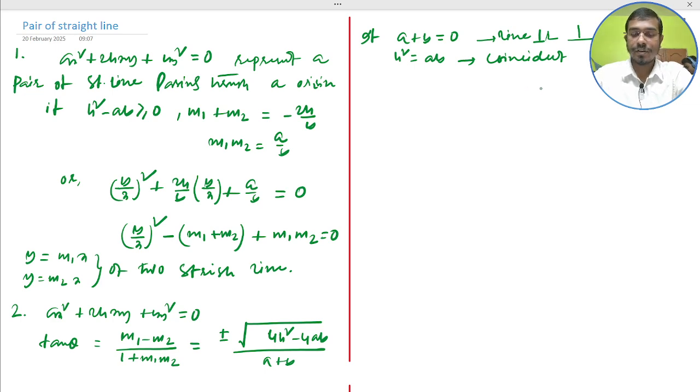Next, the general equation of second degree, very important.